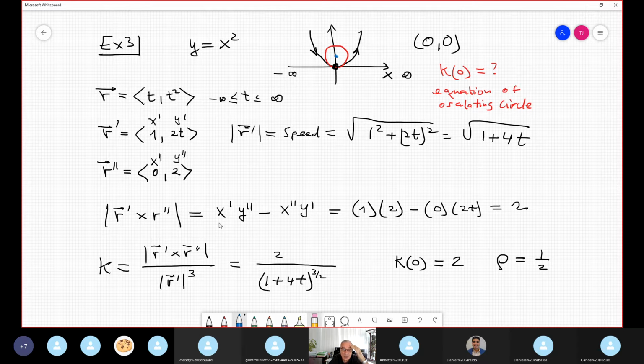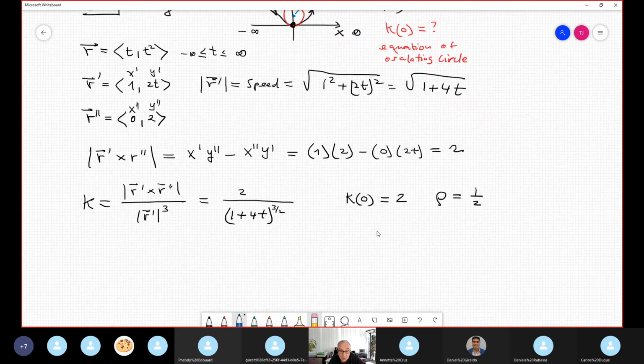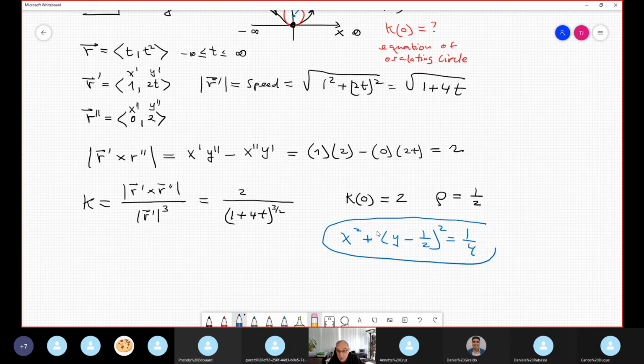And what direction? In the y direction. Therefore, the center is located at the point (0, 1/2). Therefore, my osculating circle equation is x squared plus (y minus 1/2) squared equals (1/2) squared, which is 1/4. End of story. Osculating circle equation.